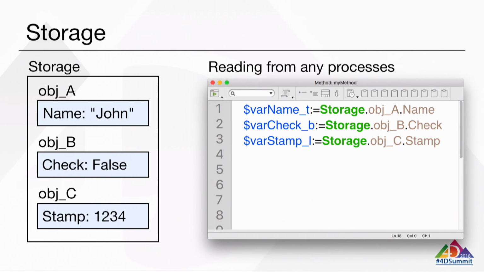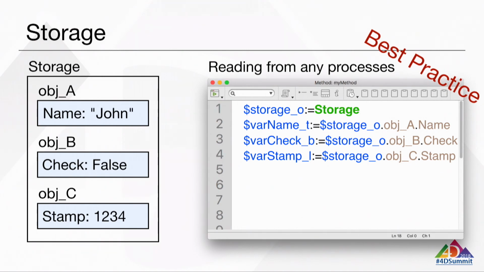Now, this is sort of my recommendation because the Storage command function is still a function. When you do any kind of execution of a function in 4D, it has some overhead, right? Instead of making 3 separate calls to storage like that, my recommendation would be to set the storage reference to a local variable and reuse the variable.